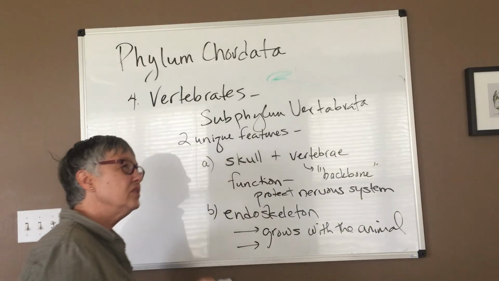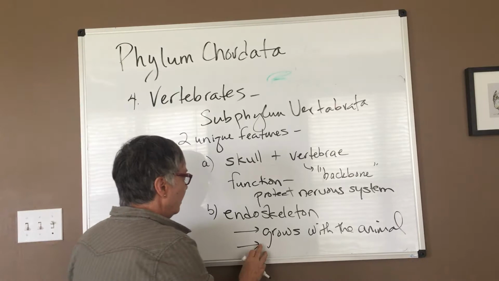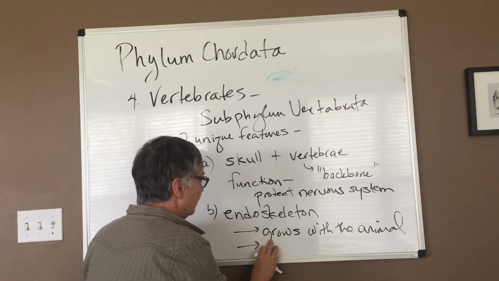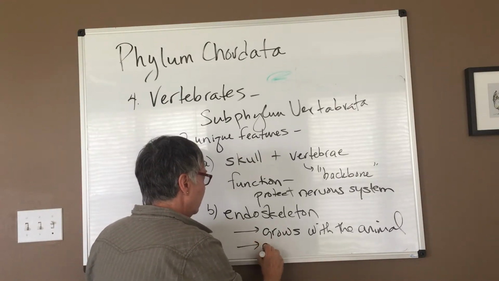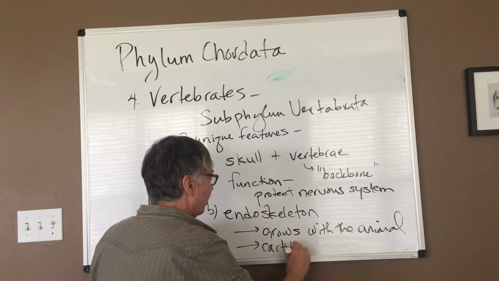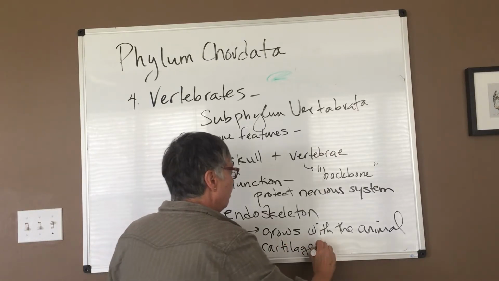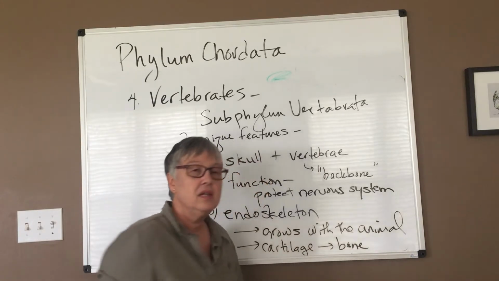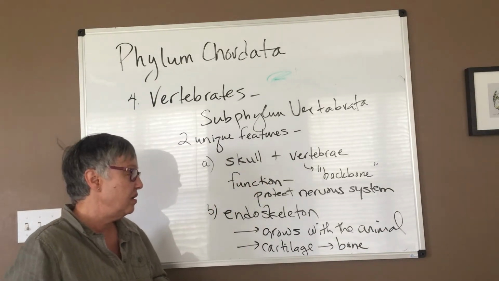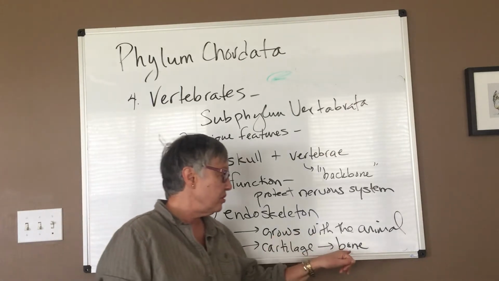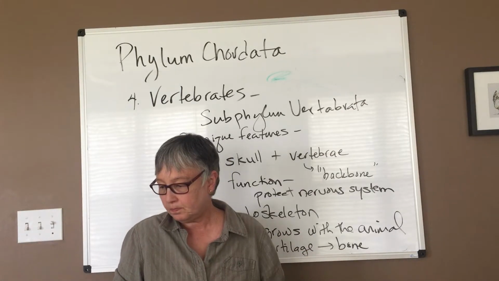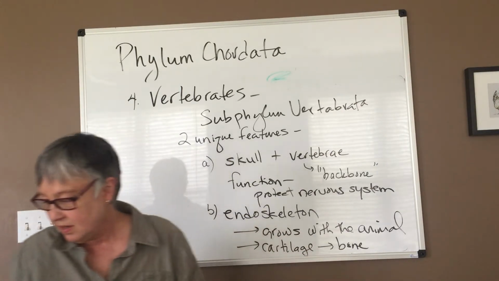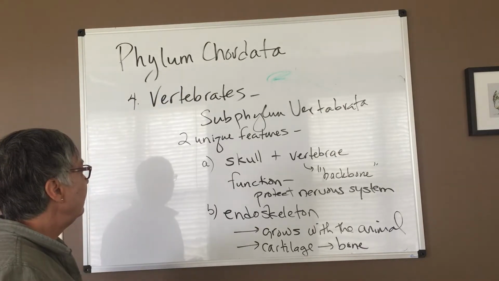In the more primitive vertebrates, the endoskeleton is composed of cartilage, but later on we see the endoskeleton composed of a stronger substance called bone. Okay.